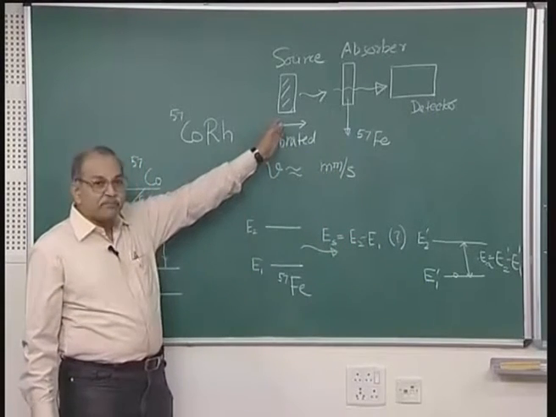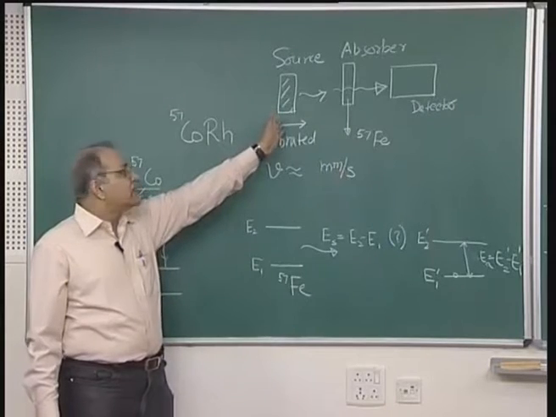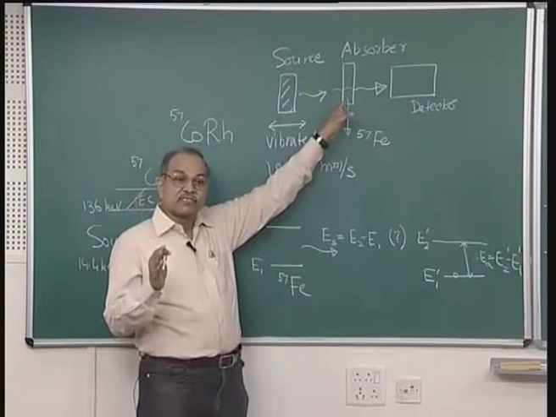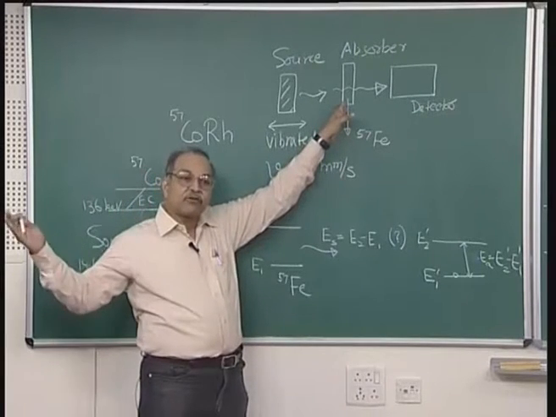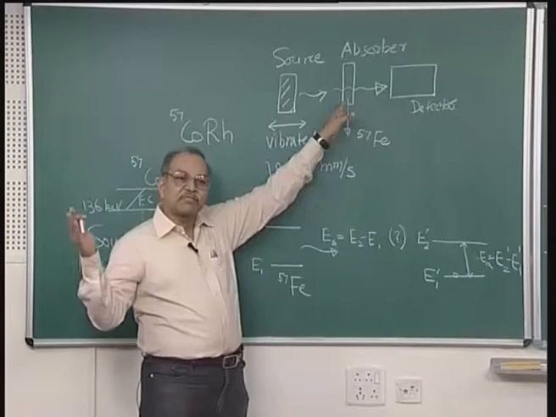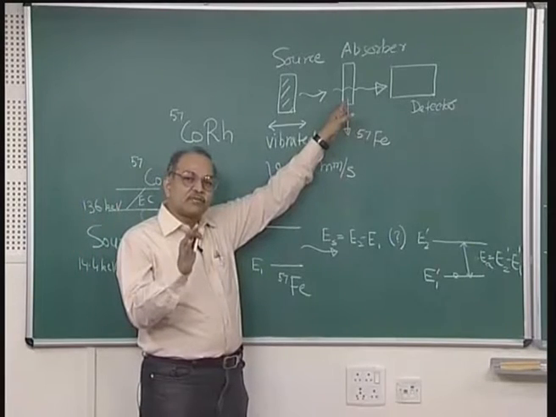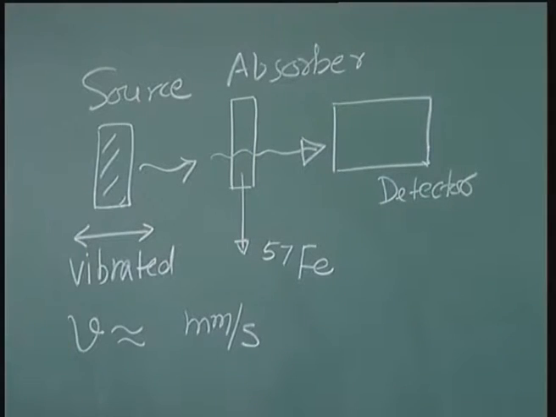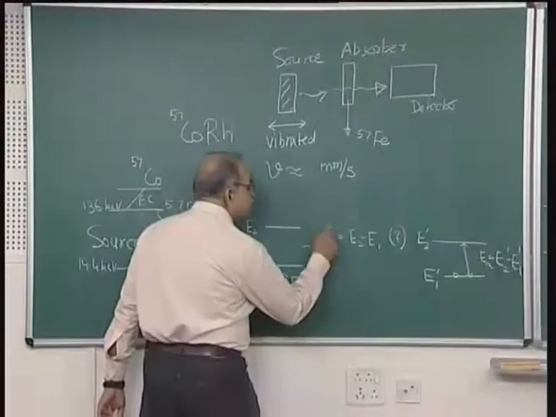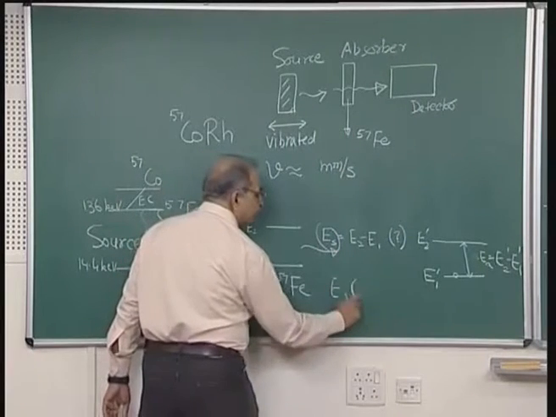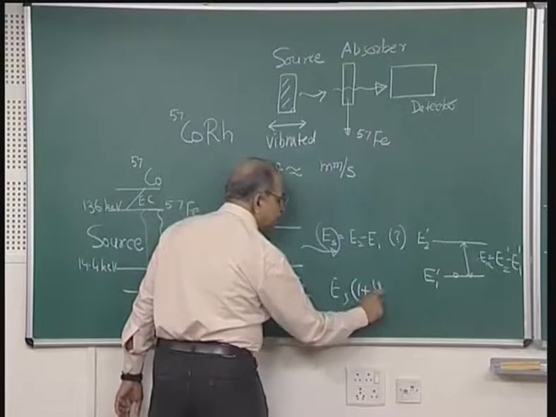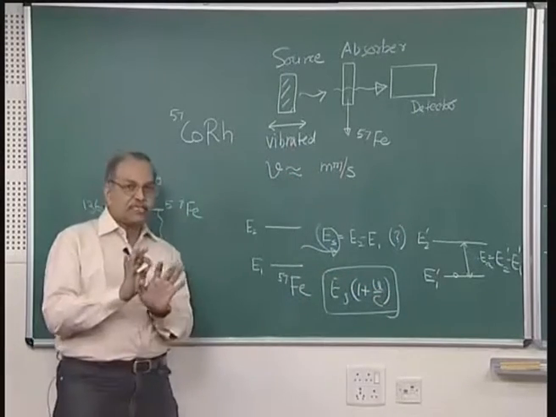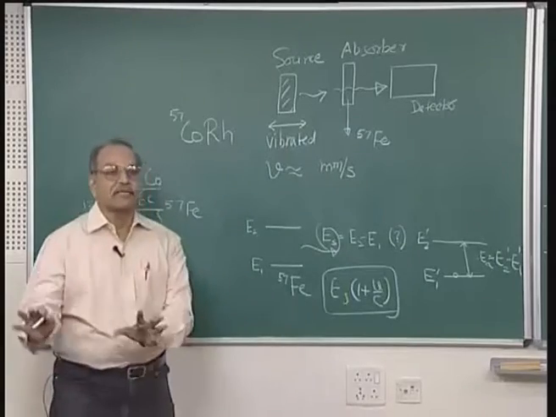Now, since we are vibrating it, the gamma rays which are seen by this absorber are coming from a moving source. Sometimes it is going away from the absorber, sometimes it is coming towards the absorber. So, it is Doppler shifted. So, the gamma rays which are coming will have this energy E s (1 plus V by C), and V is variable, changing from V max to minus V max.